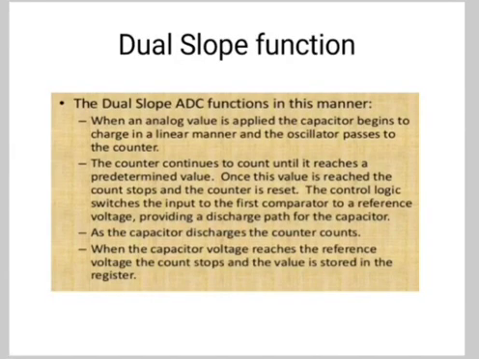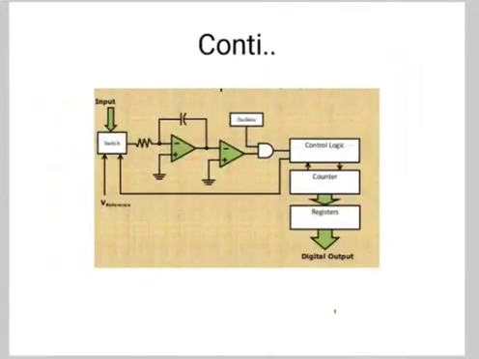So, the dual slope ADC mainly consists of blocks: integrator, comparator, clock signal generator, control logic and counter. The control logic resets the counter and enables the clock signal generator in order to send the clock pulses to the counter.